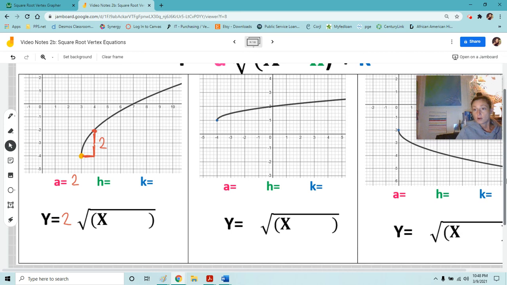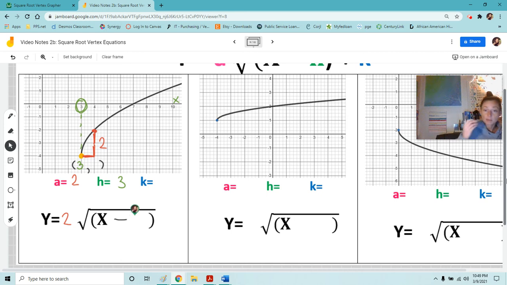And then for our H and our K, first I'm going to look for H. And so I look at the x-axis. That's at +3. And so in our equation, we're going to have minus +3.